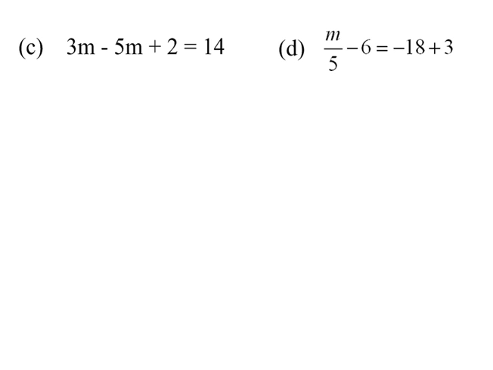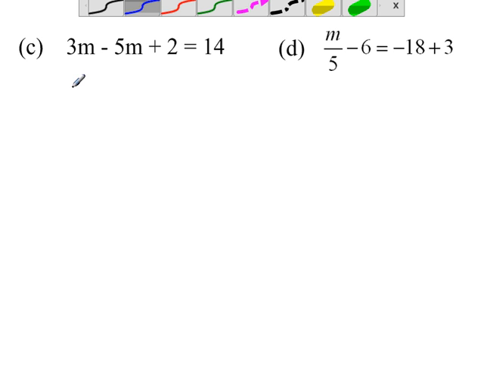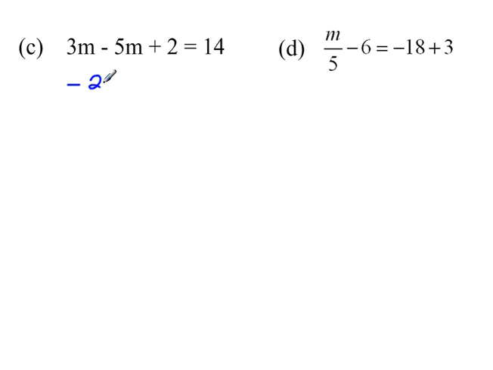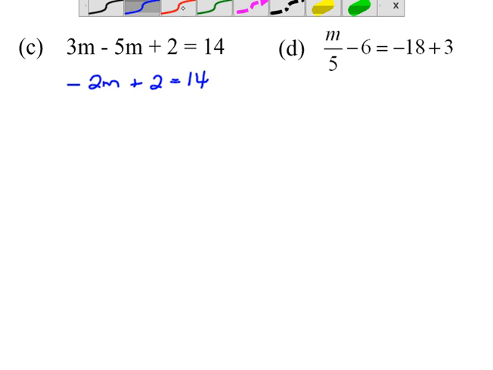So example C, the first thing that you would have to do for example C is collect your like terms and simplify. So 3m minus 5m is -2m. And then again, you want to get rid of adding 2. To get rid of add 2, you subtract 2.